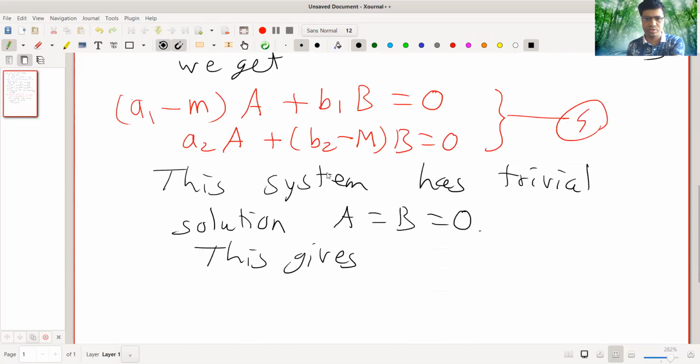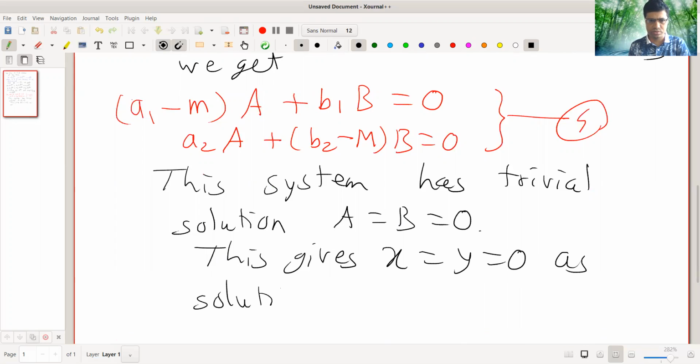So X equal to Y equal to 0 is a solution of 1. Okay, so differential equation 1 has this solution X equal to 0, Y equal to 0. This is called the equilibrium solution.